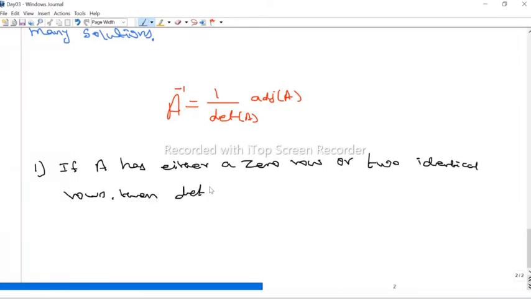Det of A is zero. Either the matrix contains a zero row or two rows are identical, then the determinant is zero. Okay, that is the first one.